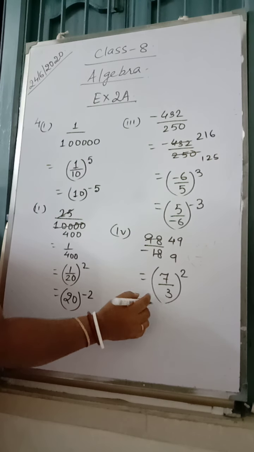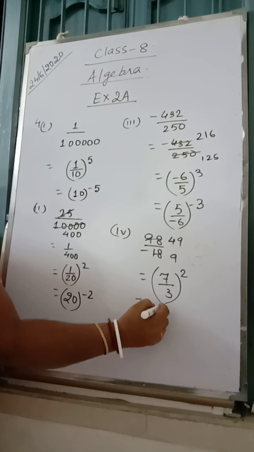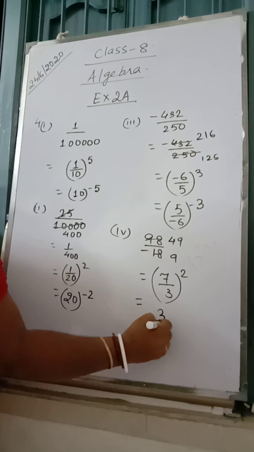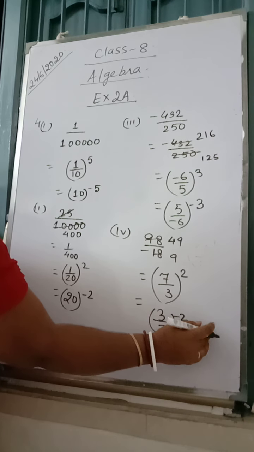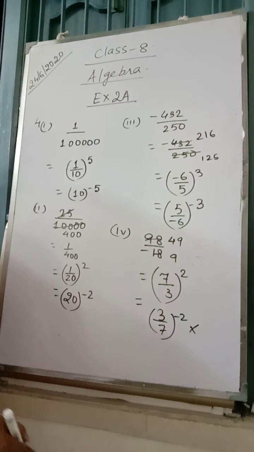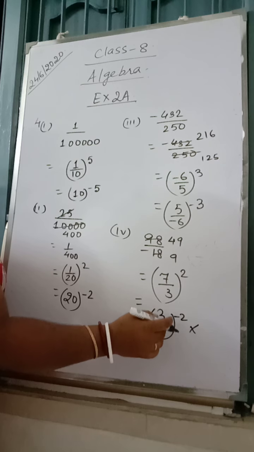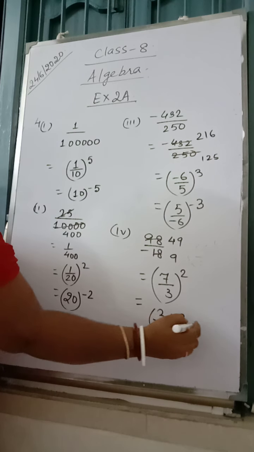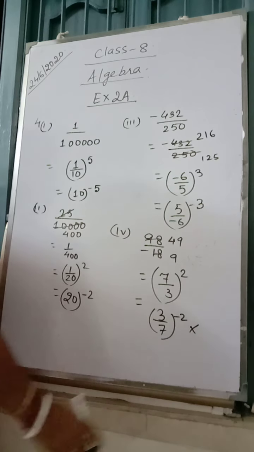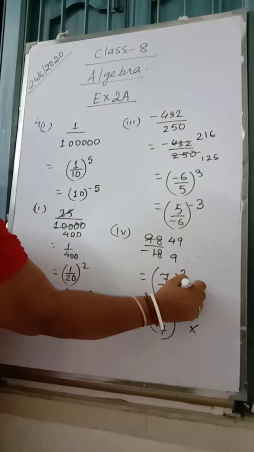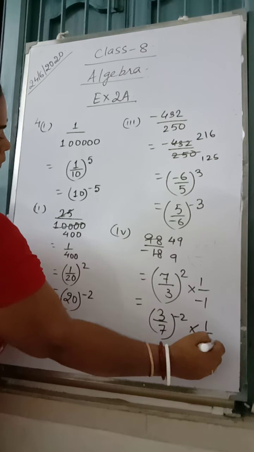Or it will be 3 by 7 to the power minus 2, into 1 by minus 1, or into 1 by minus 1 you can write.